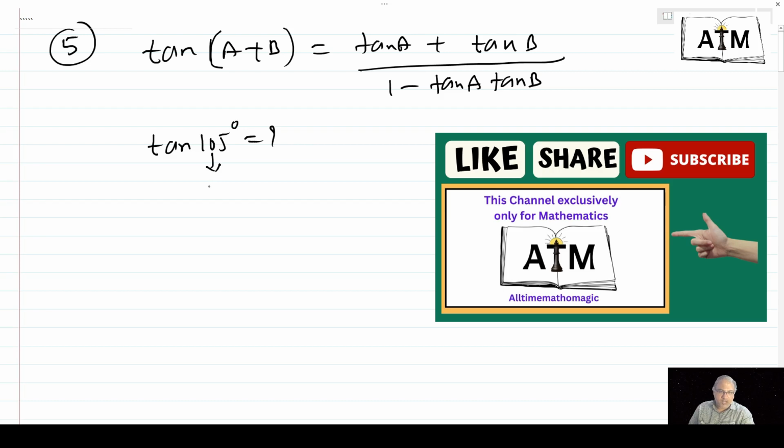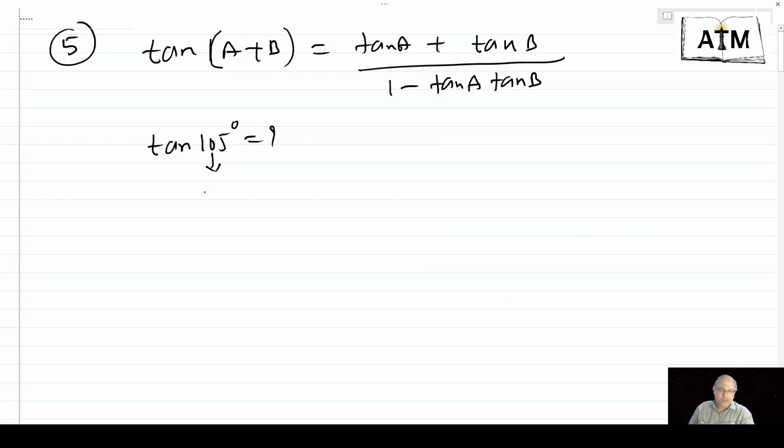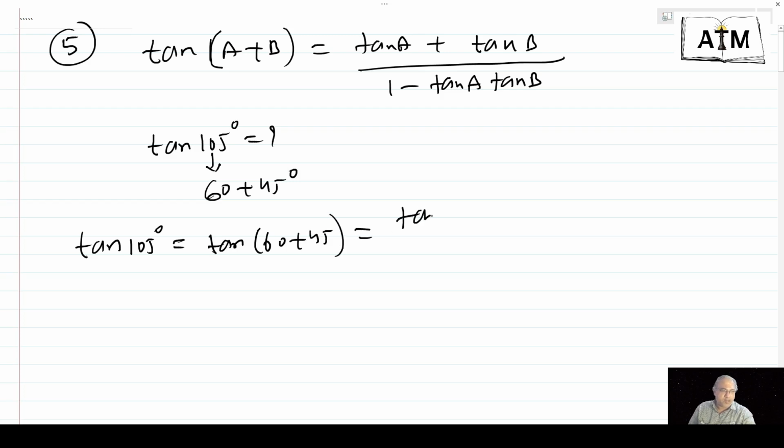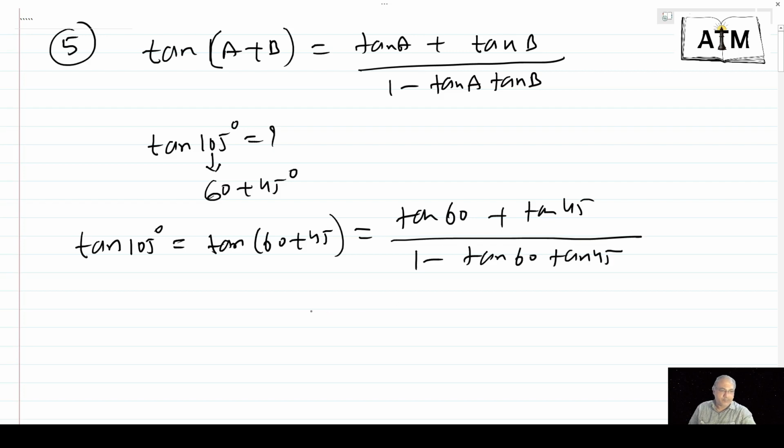The addition of two standard angles must equal 105. So what are those two standard angles? They are 60 and 45 degrees. Therefore, tan 105 degrees equals tan of 60 plus 45 degrees. Now applying the formula, tan A plus tan B upon 1 minus tan A tan B.